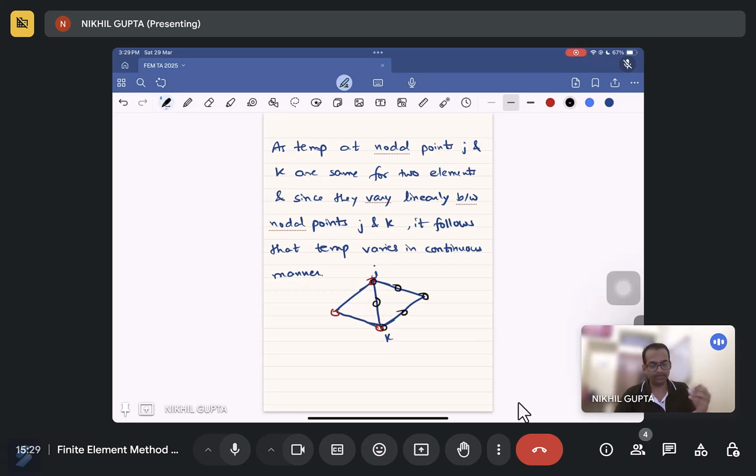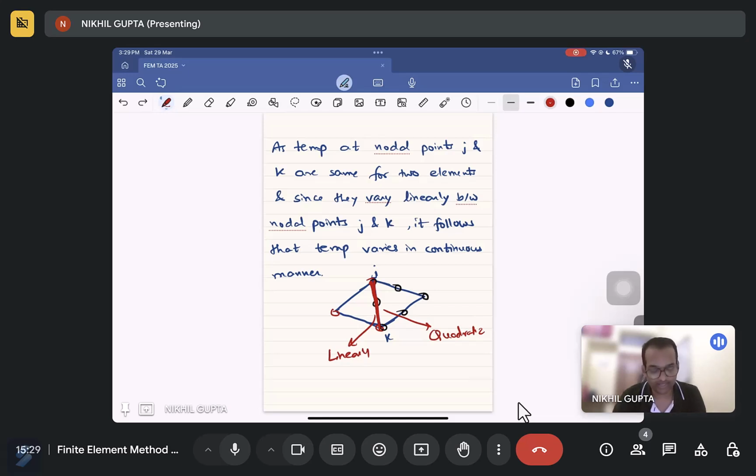Now what will happen? In this triangle, it will vary linearly. But in this one, it will vary quadratically. So obviously, the line between the two elements is not continuous.